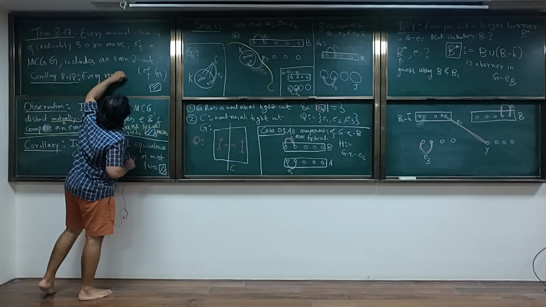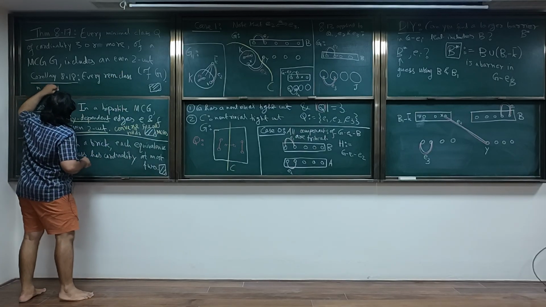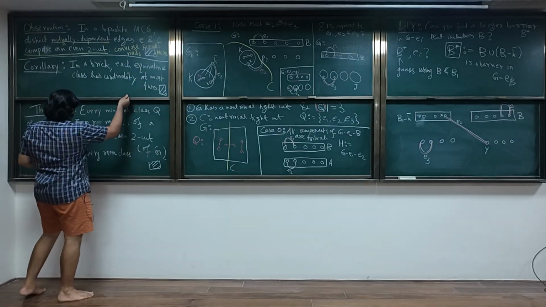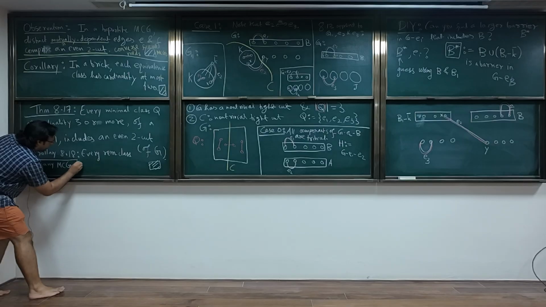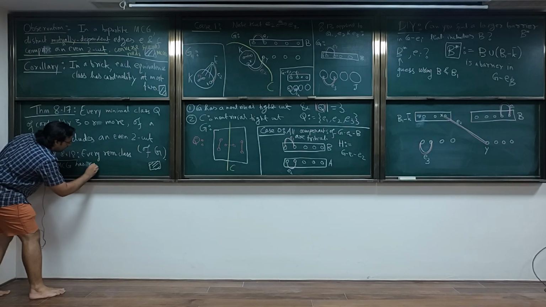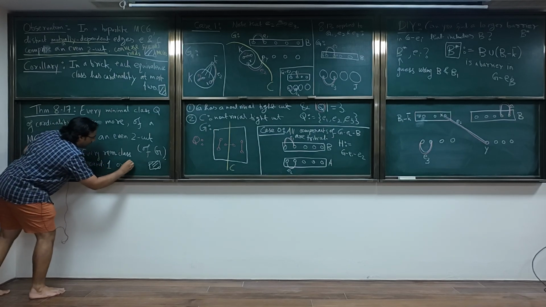Every removable class in any matching covered graph has cardinality 1 or 2.